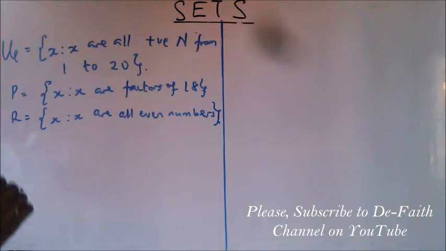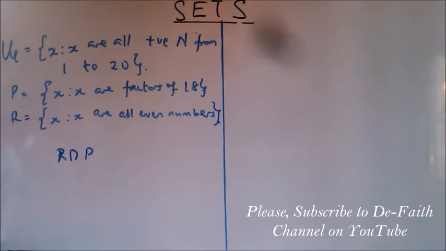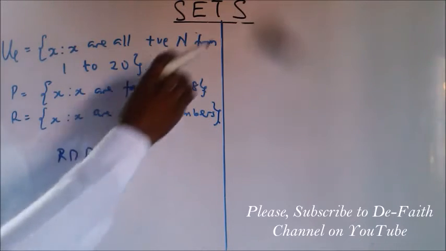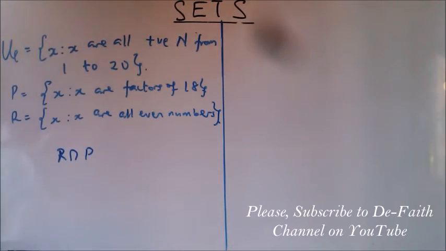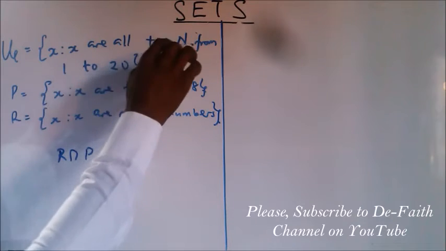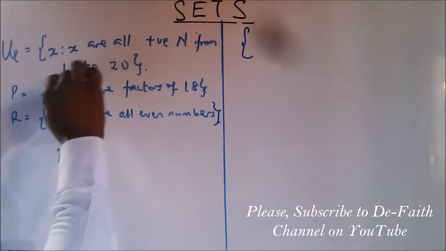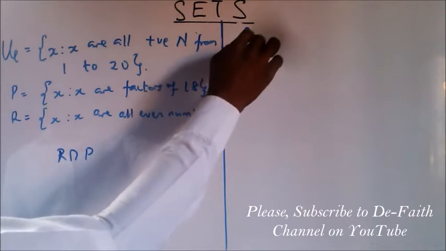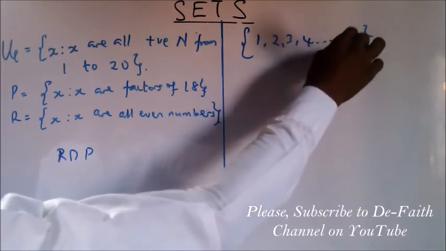Now in this question, we have to find R intersection P. First, we need to identify all the elements in the universal set. We are told that they are all positive integers. And so we have the integers from 1 to 20. That's 1, 2, 3, 4, up to 20.